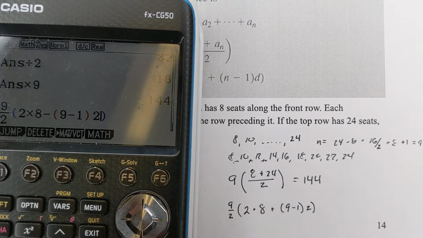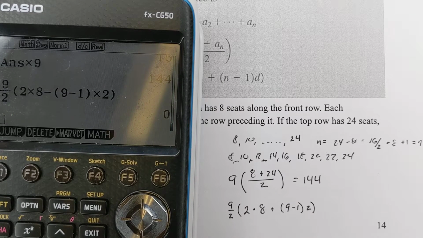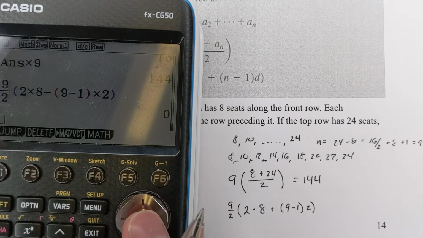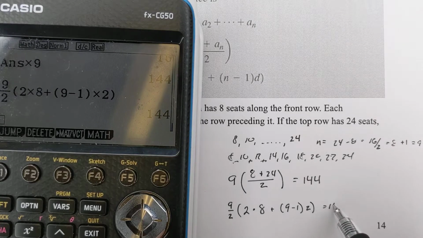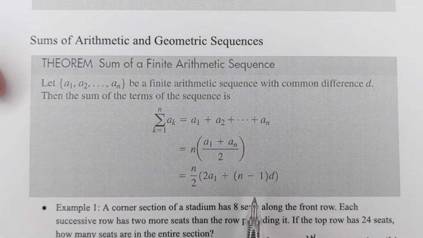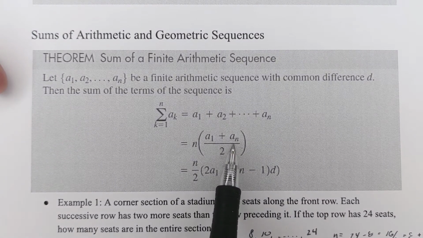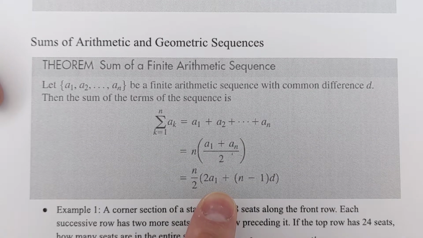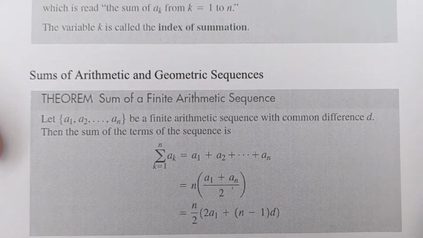Oh, it doesn't like that 2 at the end, I'll have to put a times there. Oh, that's because it's plus. There you go. Also 144. So either equation works. If you have a very long list, it may not be feasible to find the last number in your list. That's why you have this version that does not depend on the value of the last number.